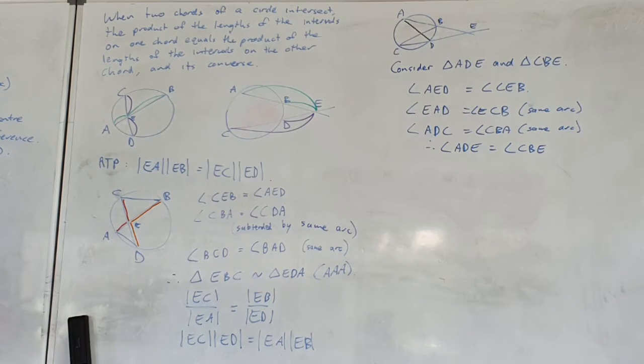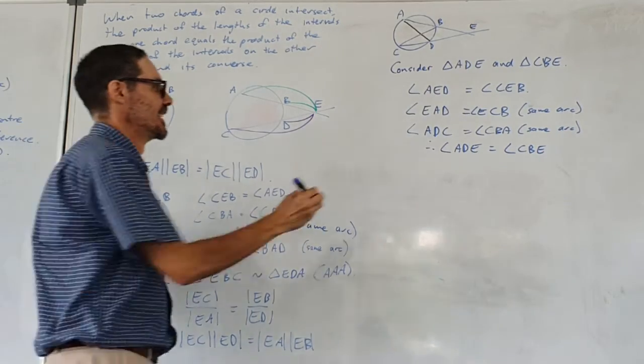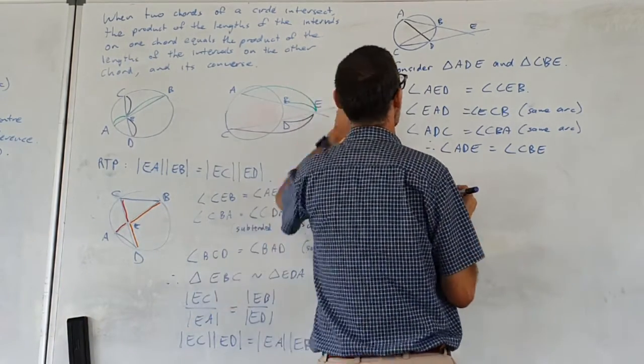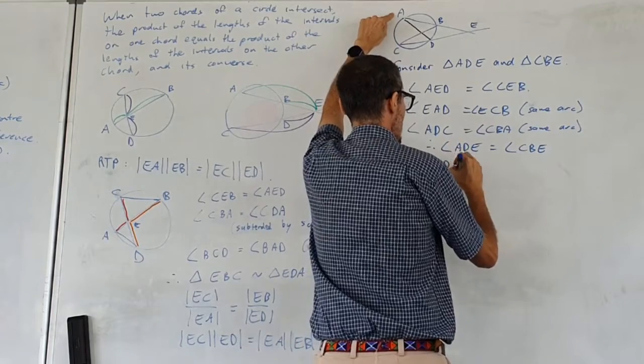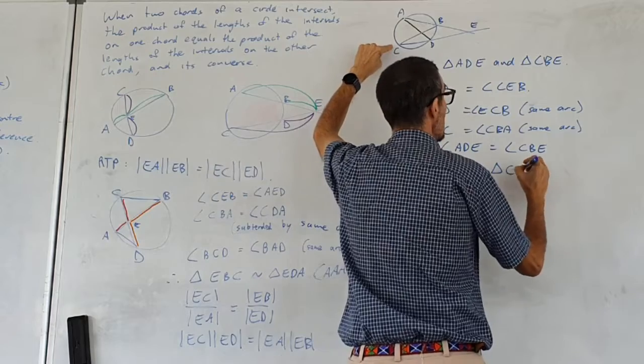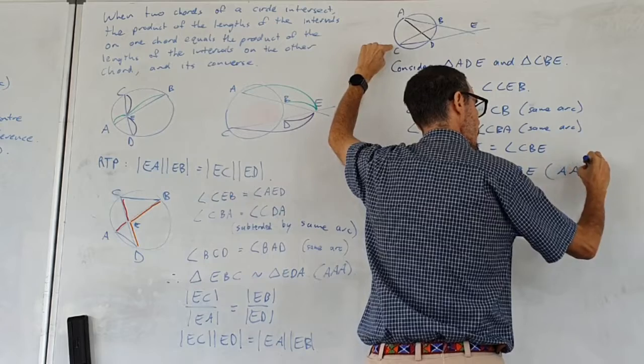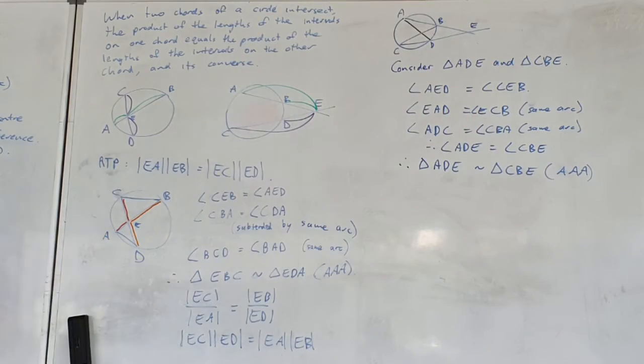Why did I do all that? Because now I've got two similar triangles, and I'm going to use exactly the same argument. Therefore, triangle ADE is similar to triangle CBE. So, sorry, angle, angle, angle. Which means, what did I use last time?